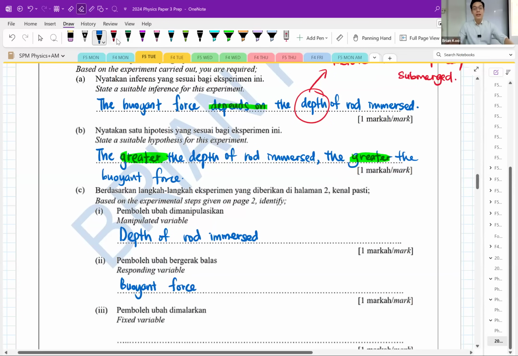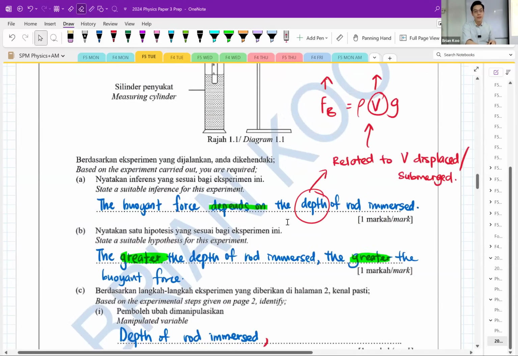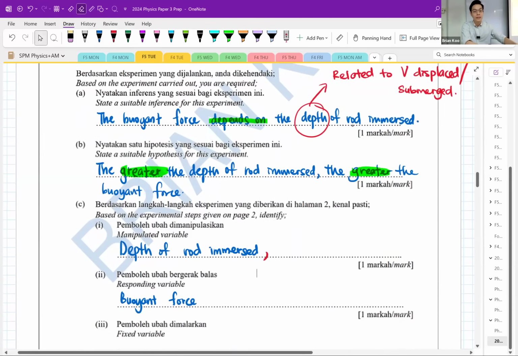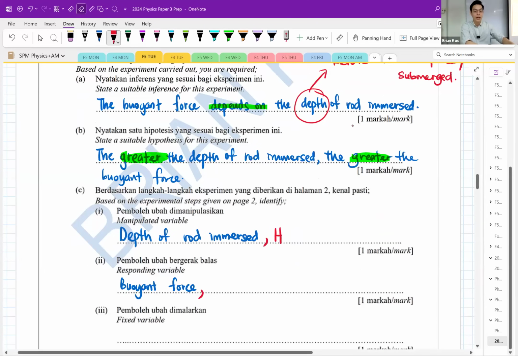Okay. And then guys, I think you should have a habit of putting the symbol if you know it. The question is already giving you the H, the FB, you put at the side. H, FB. All these symbols are the ones you can use in your graph, and you can put them in your table also. Okay.